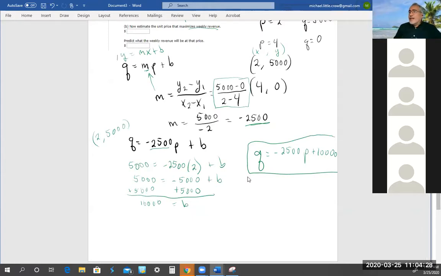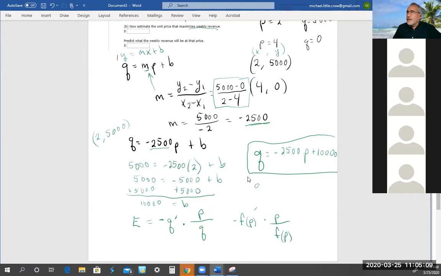What we found is that the elasticity of demand is equal to minus the derivative of Q times P over Q. I've also been writing this in function notation, minus f prime of P, times P over f of P. Either of these works, so we need the derivative of Q.